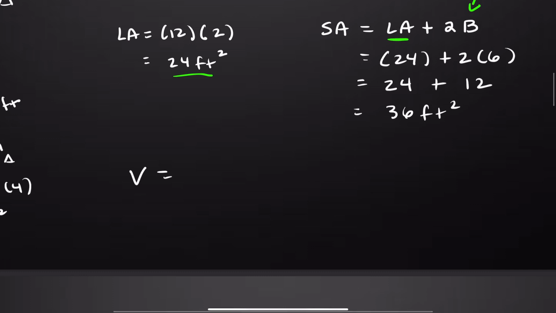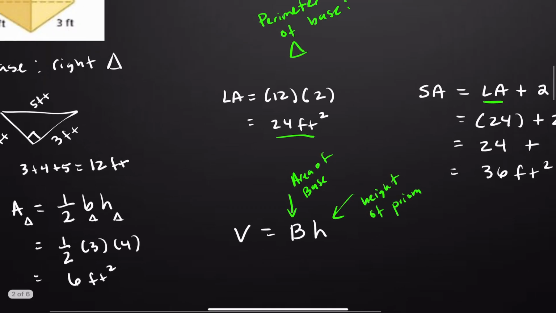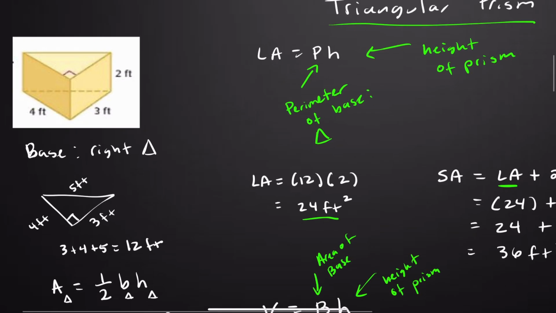V equals the area of the base multiplied by the height of the prism. Not the height of the triangle that we found earlier, the height of the prism. And remember, the height of the prism is the one that separates the two bases.